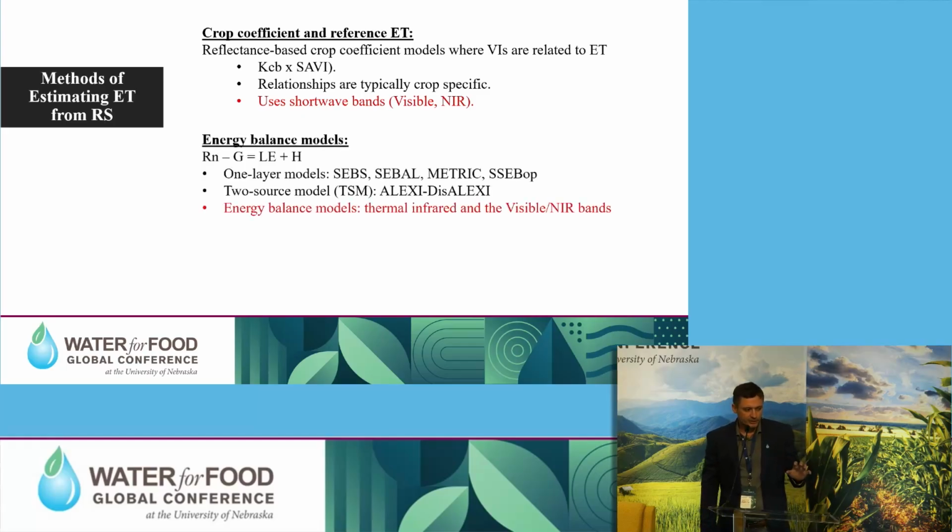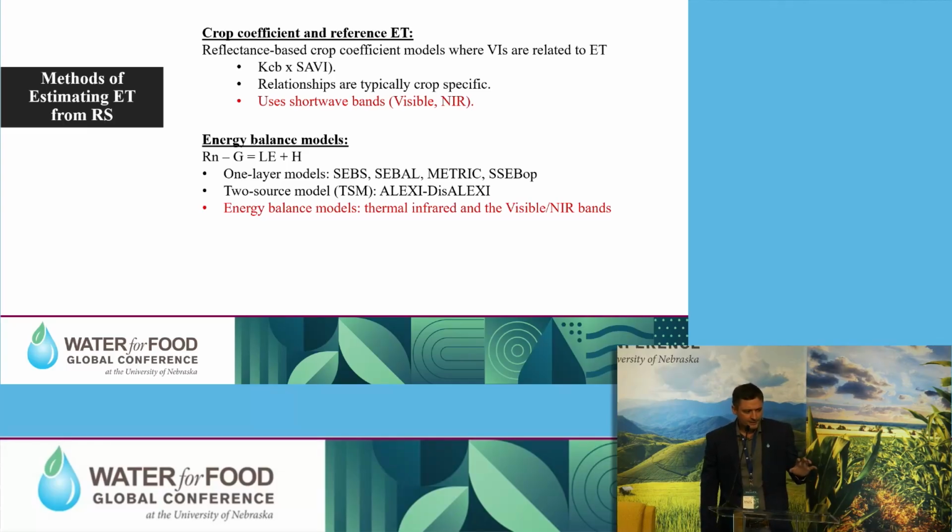The other approach is related to the energy balance model to estimate evapotranspiration. In this method, we estimate Rn, the net radiation, G, the soil heat flux, LE, the latent heat flux, where the evapotranspiration comes from, and H, the sensible heat flux.